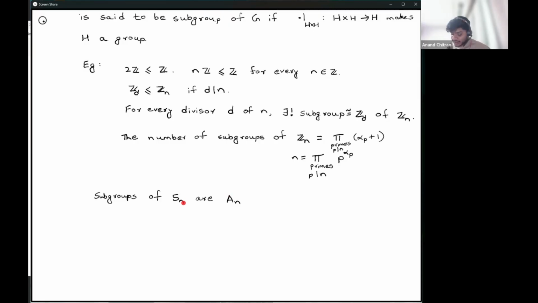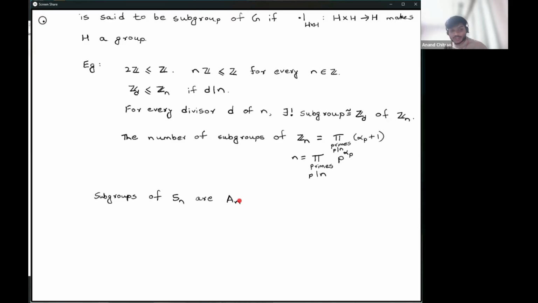Start with any element inside Sn, take its decomposition into transpositions, 2 cycles, and count the number of 2 cycles appearing. If that number is even, your element lies in An. If that number is odd, your element doesn't lie in An. That's the concept of even or odd permutations.